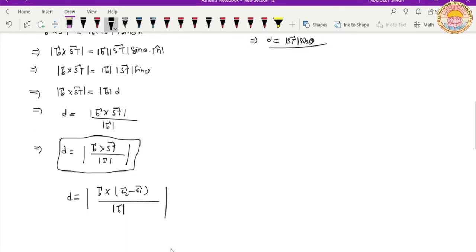So if we know the values of vector A1, vector A2, vector B, then we can find the distance between two parallel lines, where vector B is the vector parallel to the lines L1 and L2, and vector A1 is the position vector of a point through which line L1 is passing, and vector A2 is the position vector of a point through which line L2 is passing. Now let's solve some questions.